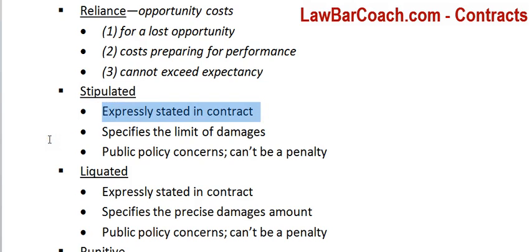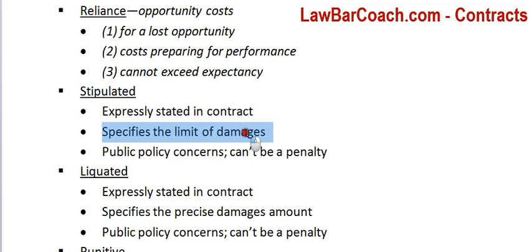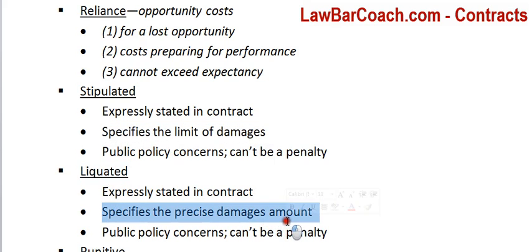But more specifically, a stipulated damage is something that specifies the limit of what the damages could be, whereas liquidated specifies the precise amount. You might say, I will not be liable for more than $300 in damages should I breach, whereas a liquidated will say, I will pay you $300 if I breach.